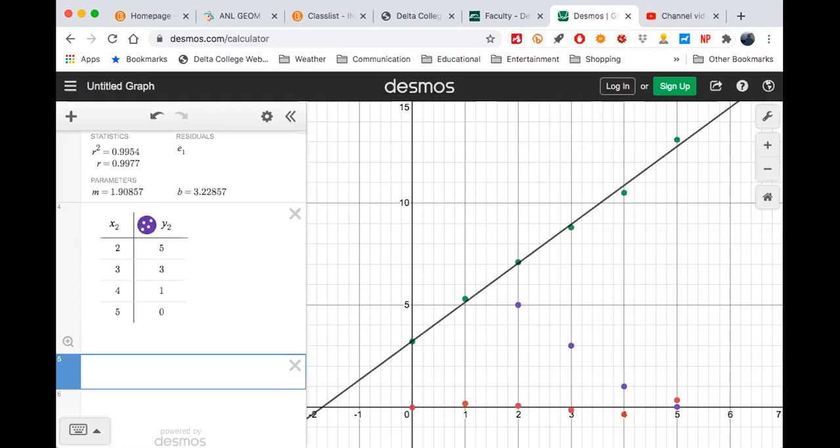Okay, so if anybody has an equation for this, let's type it into the chat and round M and B to 2 places after the decimal.